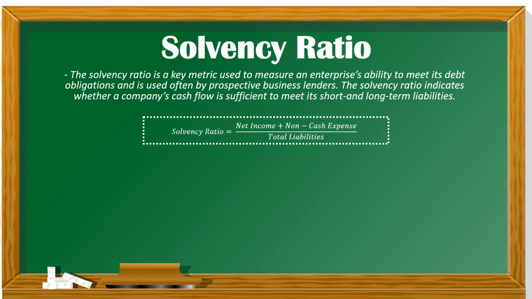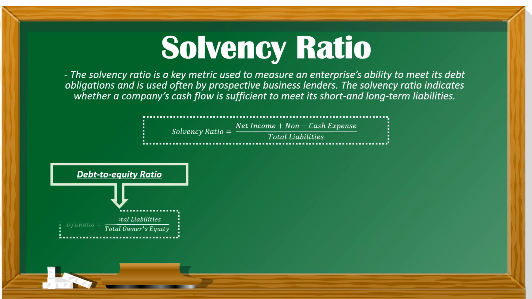Okay, so for the solvency ratio, we also have three types of solvency ratio. First off, we have the debt to equity ratio. The formula for it is total liabilities divided by its total owner's equity. So here we are comparing the level of liability to its equity.